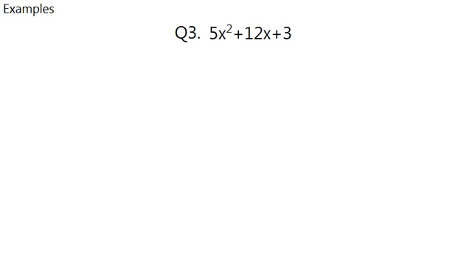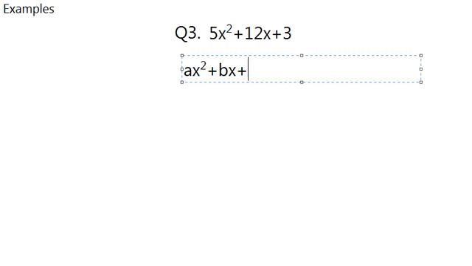Alright, so after that mistake, now I'm going to show you the third method, which is the calculator method. So let us start. Here we have an equation, and in general we write a quadratic function as ax squared plus bx plus c.